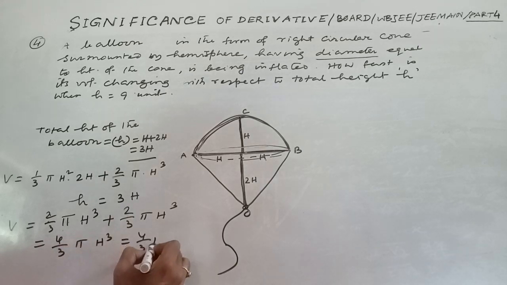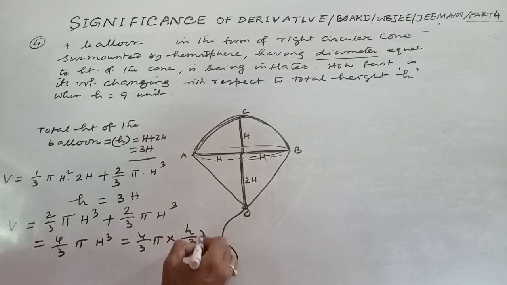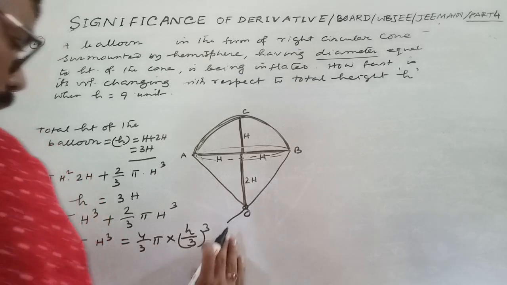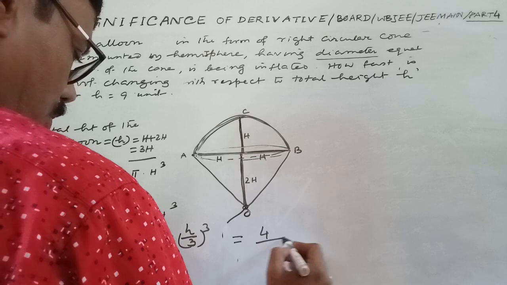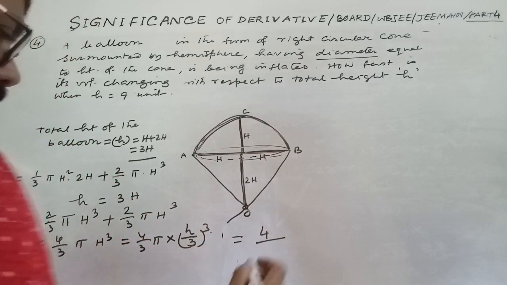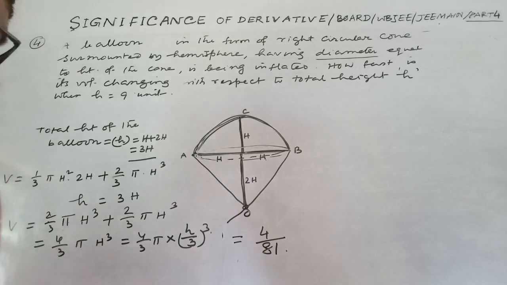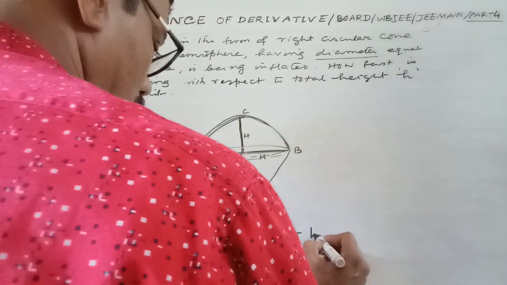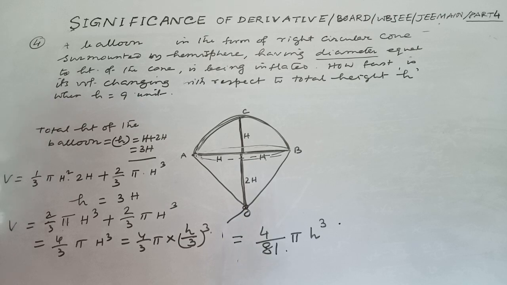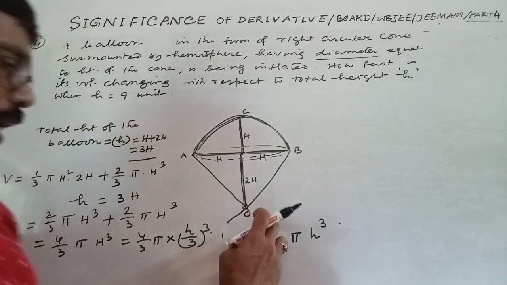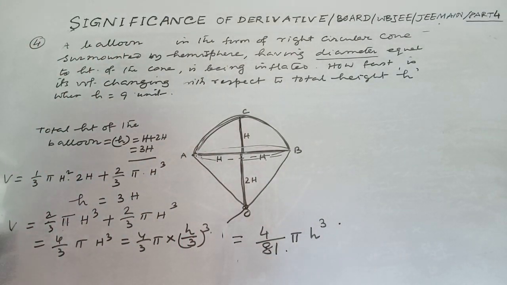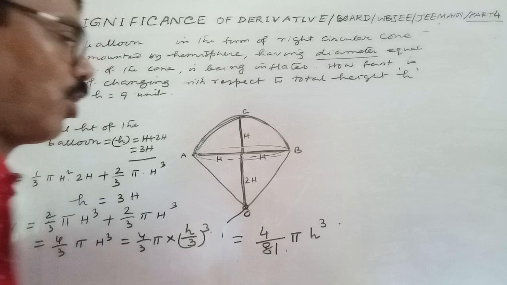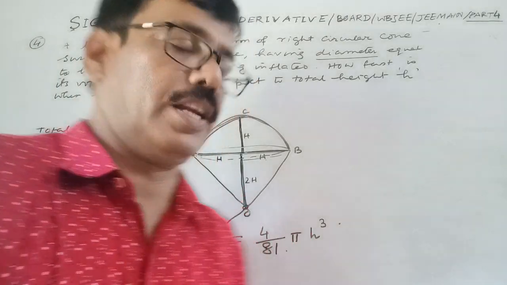So 4/3 pi, where H is small h by 3, whole cube. If you simplify it, you get 4 pi by 81 h cube. So V equals 4/81 pi h cube. So you are expressing volume in terms of total height.